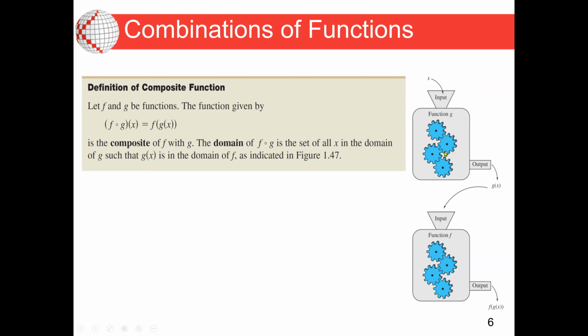When the g function finishes, the output of g we give as input to f. So that's why, again, f is the outer function and g is the inner function. And it can be the opposite. If we have g composite f, then in this case f will be the inner function, and whatever f does, we are going to give the output of f to g as its input.